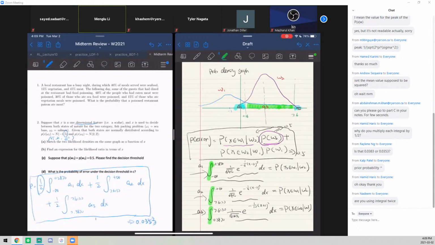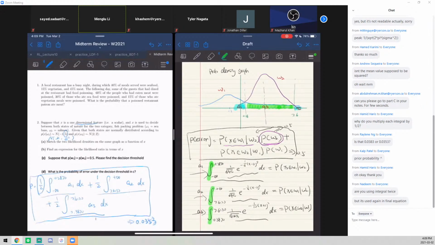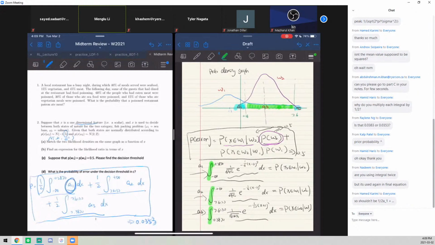And in here, I'm just adding up each area multiplied by, oh no, sorry. Actually, here A1, I shouldn't use A1.